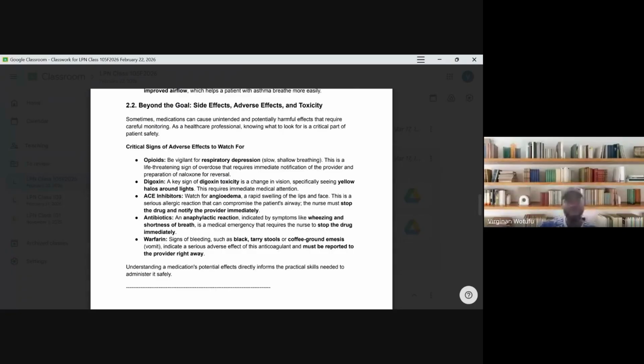Another medication you have here is warfarin, the anticoagulant. You need to watch for signs of bleeding, like black tarry stools, coffee ground emesis, bruising in the mouth, and unusual bleeding.